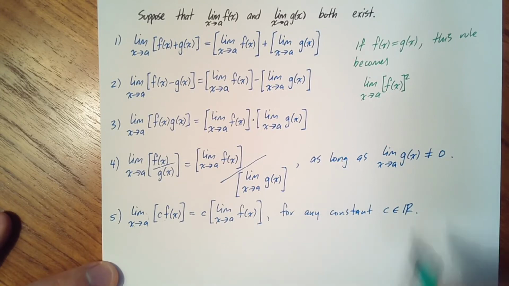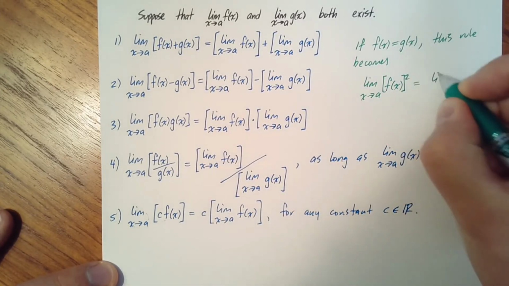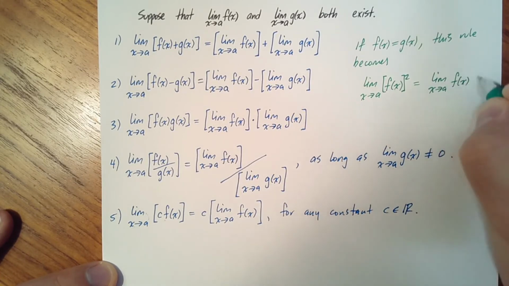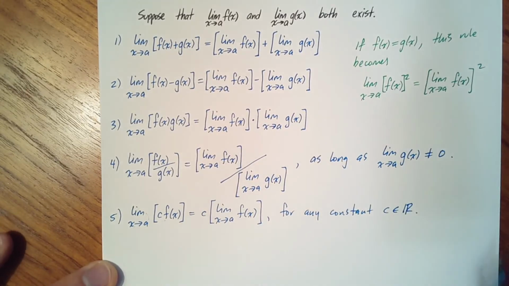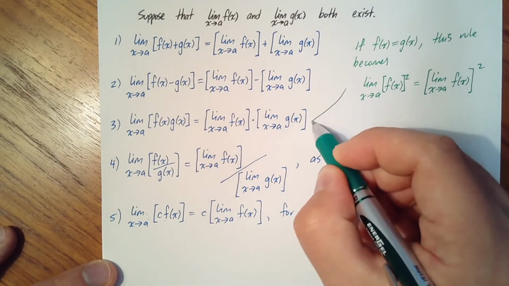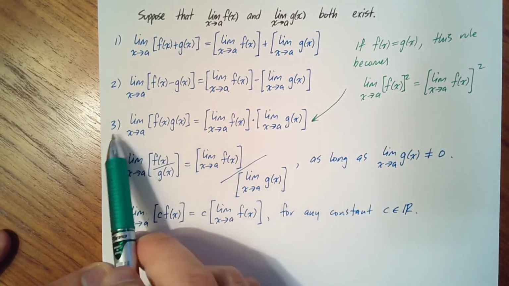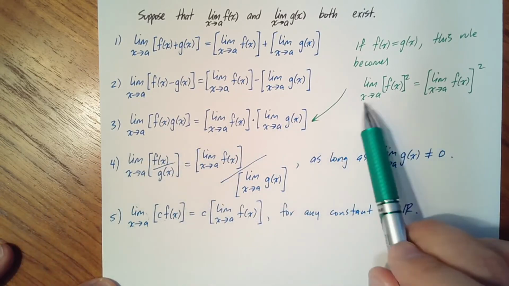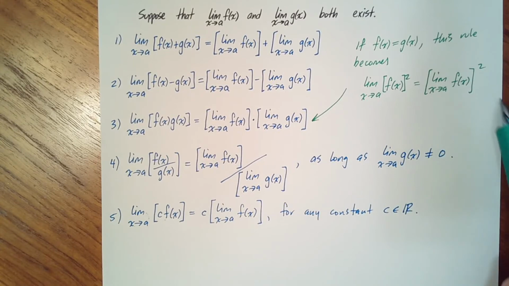Well, it turns out that this is going to be equal to the limit as x approaches a of f of x, all squared, right? And that's a direct consequence of this rule. If you consider the case where f and g are the same function, you end up getting this rule.